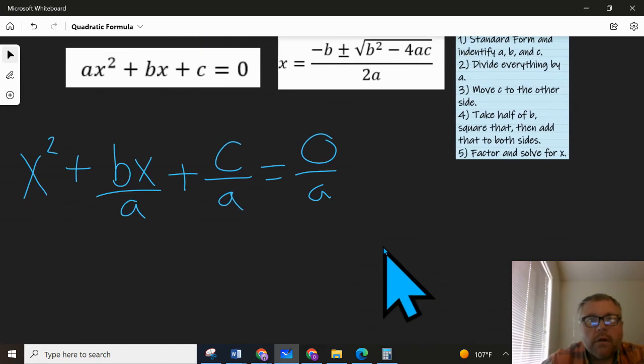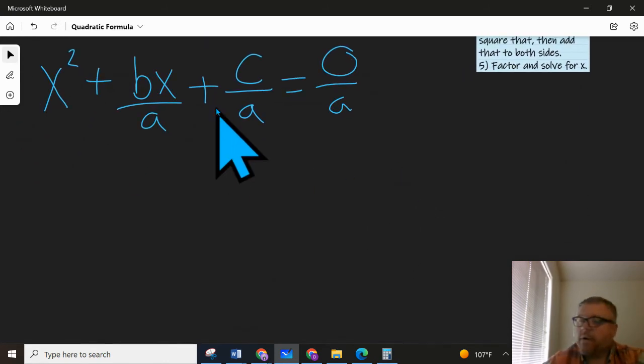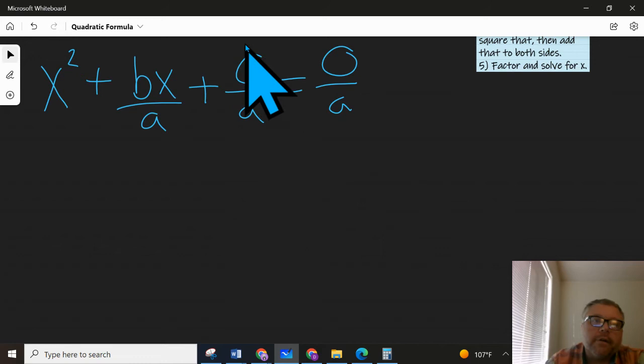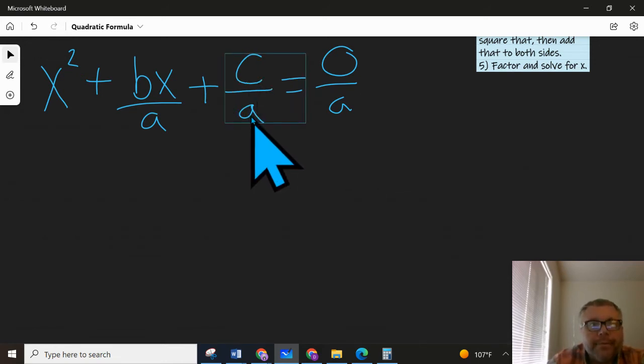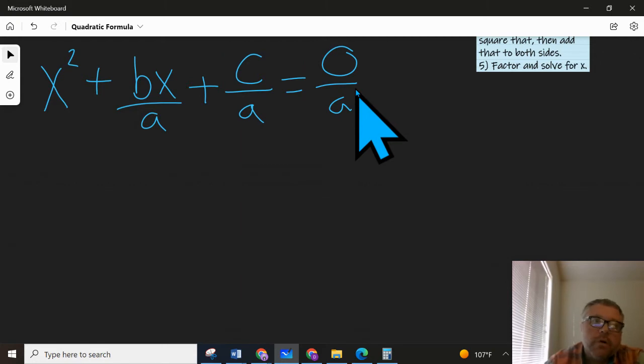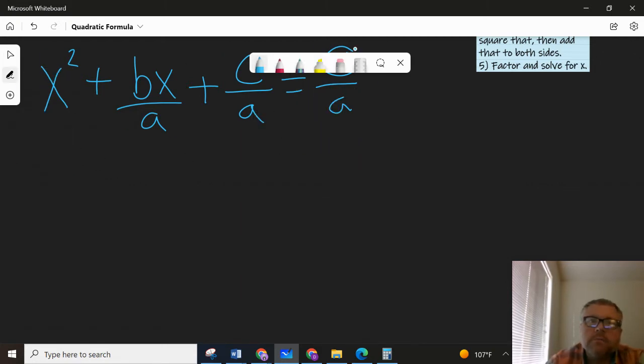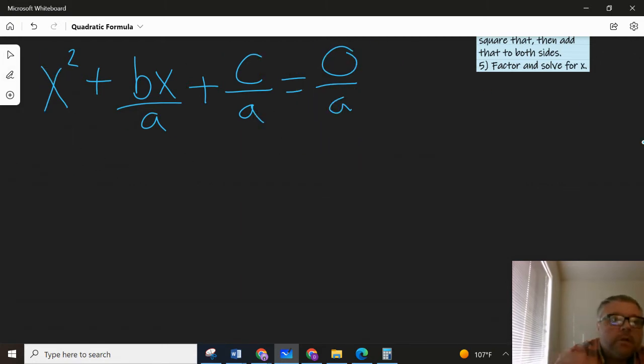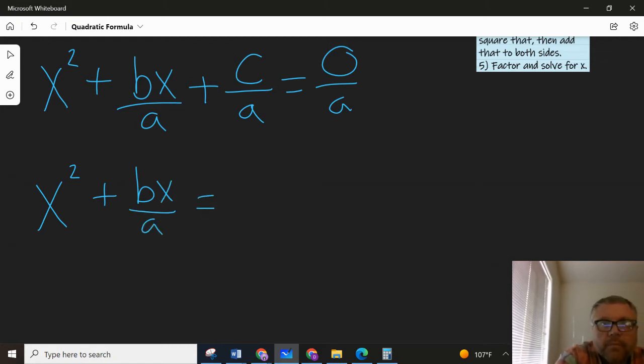First step down. Next, you want to move your constant over. Here A, B, and C are just numbers, so we're going to move this over to the right-hand side. So I have x squared plus bx over a, and now it equals negative c over a.